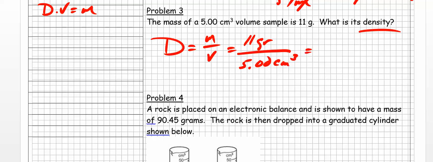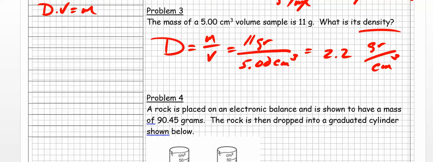My answer is going to be in grams per centimeter cubed. You probably can do this in your head, but I'll use a calculator. We've got 11 divided by 5.00, and we get 2.2. So 2.2 grams per cubic centimeter would be the density of this object.